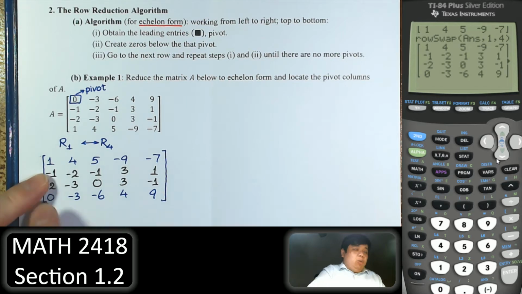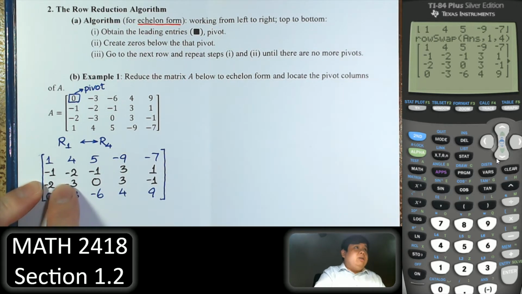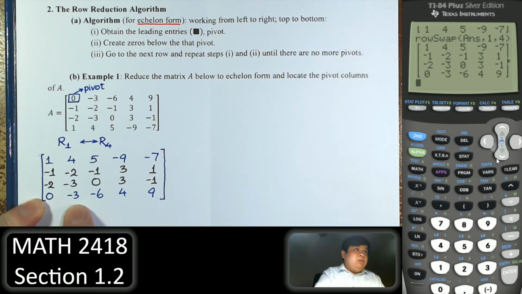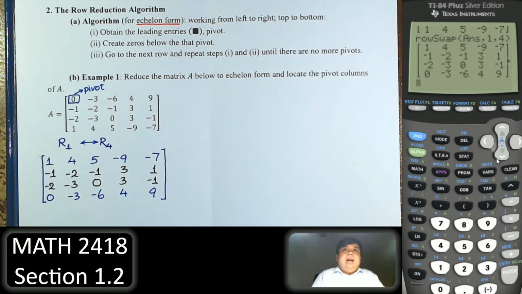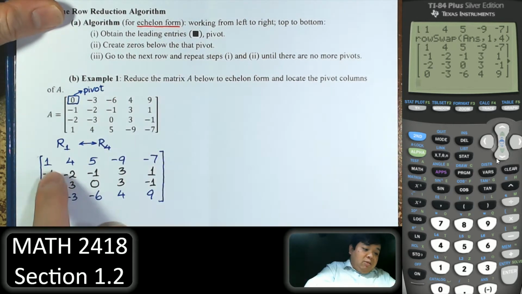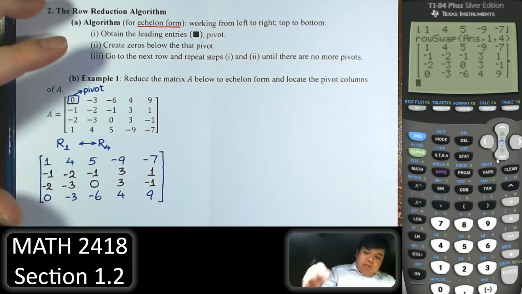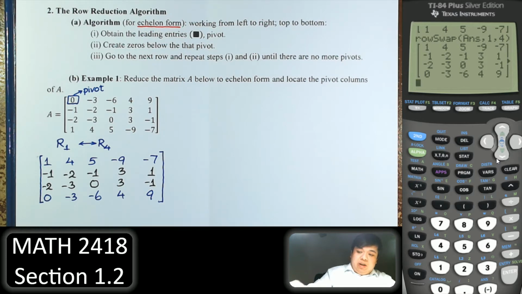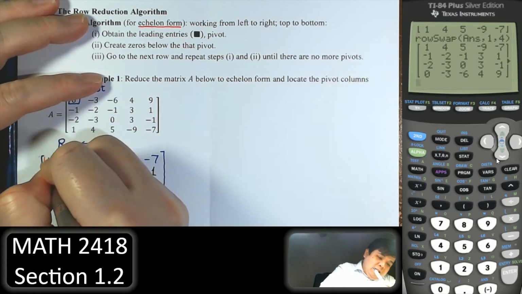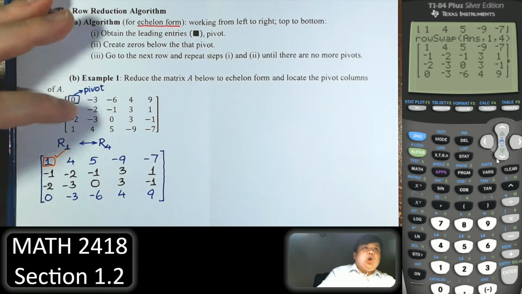Right, 1, 4, 5, -9, -7, -1, -3, 1. Right, next. So we obtain the pivot entry. Now we just do the check mark here, the pivot entry. We have the pivot. Good.